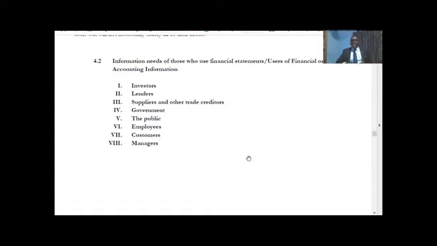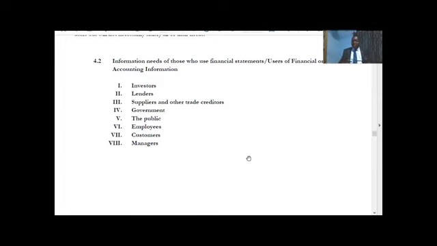Good. Now I leave you with another assignment to look out for the information needs of the public, employees, customers, and managers. In our interactive section, we will discuss their information needs. So I expect that at our interactive session, you have solutions for this.